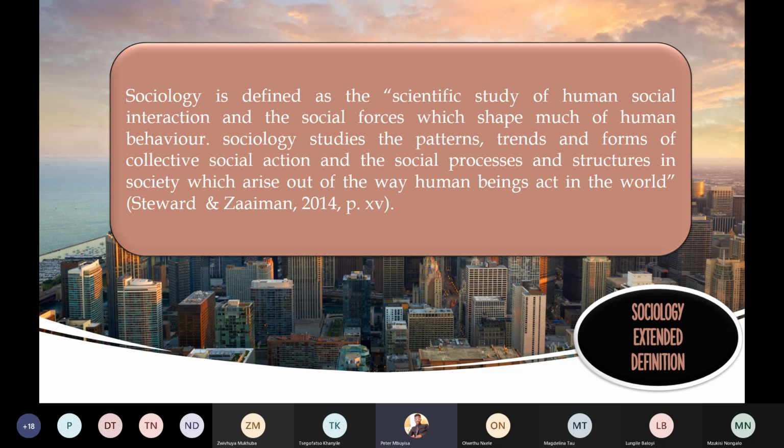Now, before we continue, remember that I had tasked you to say every week as you are doing sociology, make a concept dictionary of some sort, where you note down all the words that start with the word social. So we have social action, social processes, social interactions, and so on, from this definition.